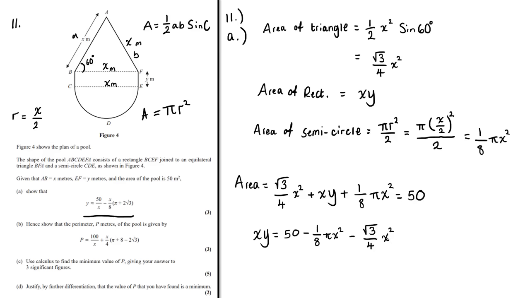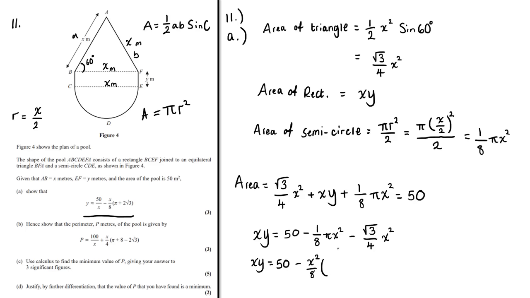I've got this minus 1 over 8 pi x squared minus root 3 over 4 x squared. So notice I've got an x squared here in both of these, so we can factor that out. And I'm also going to factor the 1 over 8 out. So if I factor 1 over 8 x squared out, when we divide by the x in a moment, that's just going to leave us with minus x over 8, or minus 1 over 8 x. Okay? So I'm going to get xy is equal to 50 minus x squared over 8.